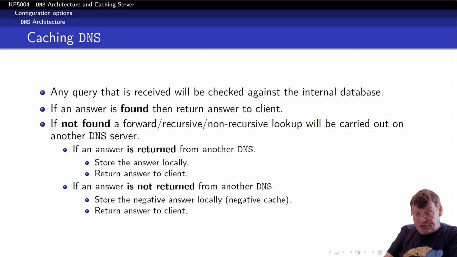If it is not returned from the other DNS service, it stores that negative answer, in other words, negative cache. It does not exist, and returns the does not exist answer to the client. Any subsequent queries will be responded to directly from the internal database. So a caching server does quite a lot. One of the things it really does do is increase performance of searches.